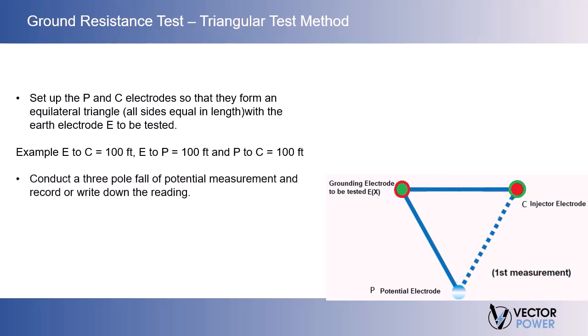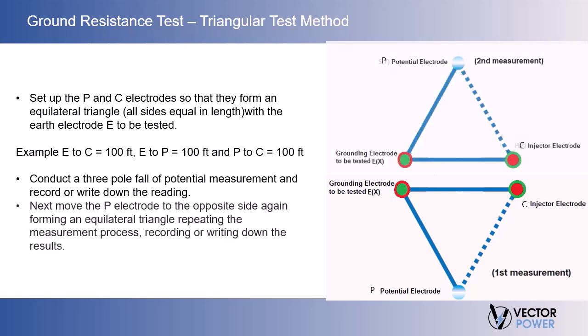Conduct a 3-pole fall of potential measurement and write down the reading. Next, move the P electrode to the opposite side, again forming an equilateral triangle, repeating the measurement process, and writing down the results.